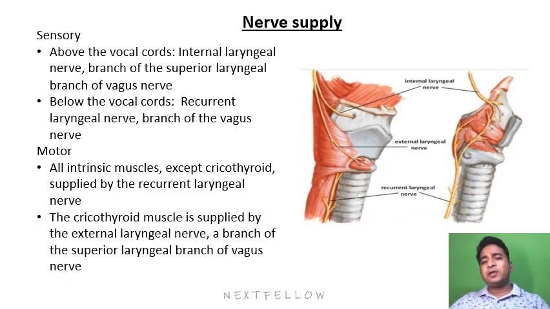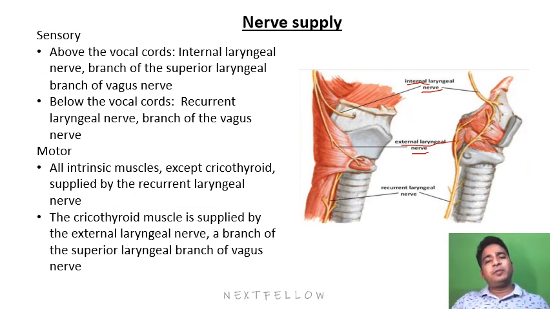Now, what is the nerve supply of the larynx? We all know it is supplied by the branches of the vagus nerve. The first coming from upside is the superior laryngeal nerve, which is again divided into two branches. The first one is the internal laryngeal nerve, and the second one is the external laryngeal nerve. This internal laryngeal nerve is the sensory supply to the supraglottis, as this nerve pierces the thyrohyoid ligament between the thyroid cartilage and the hyoid bone.